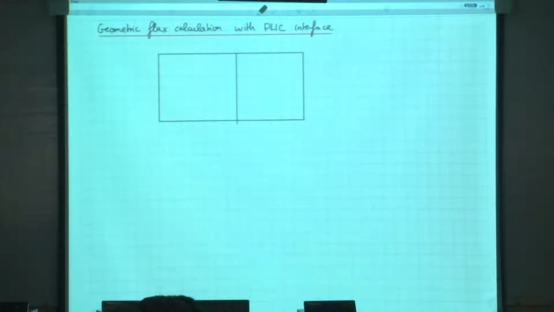Okay, so this is my cell I, or let's do I minus 1 for once. This is going to be my cell I. So this is my flux location I minus 1/2. Now I know where my interface is. So now this time I'm sketching this, but actually we know how to compute this. I know now that this is my interface.